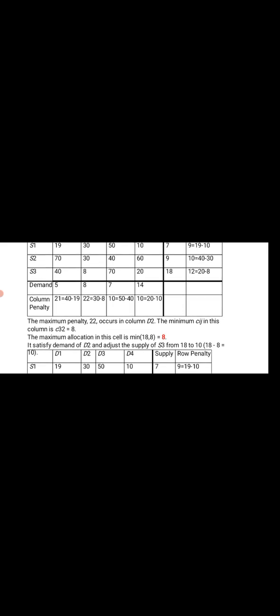So the supply and demand values are 18 and 22, the corresponding value is 8. So 8, 18 and 8, so the minimum value is 8. So strike out this column.